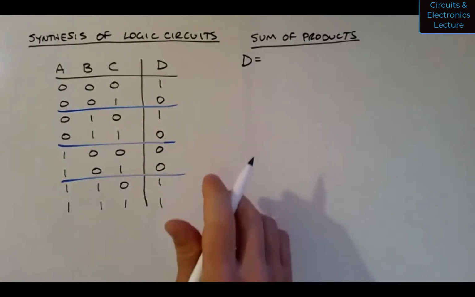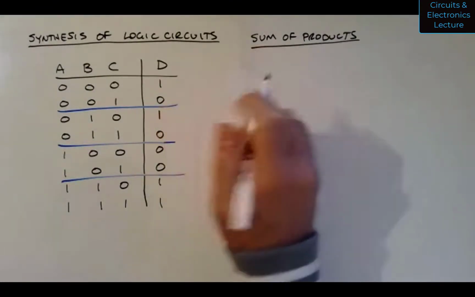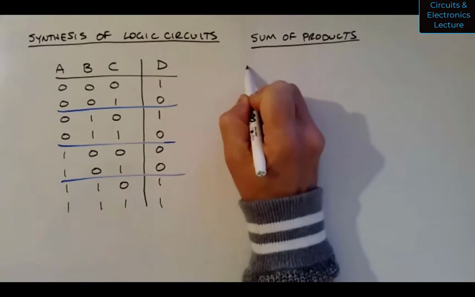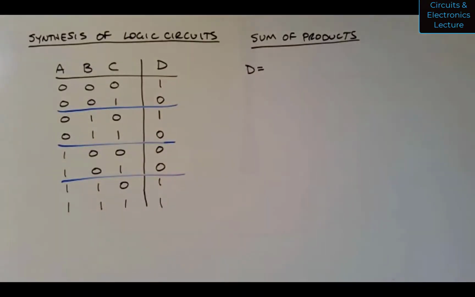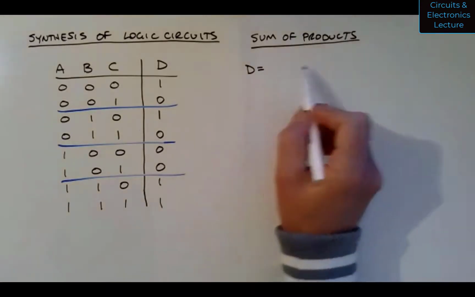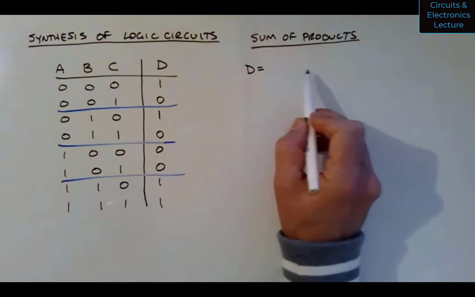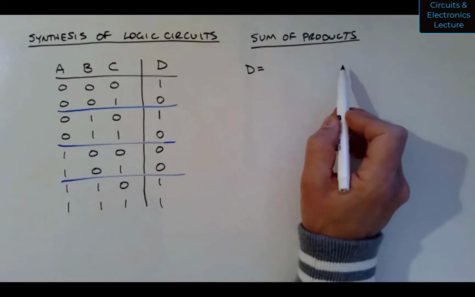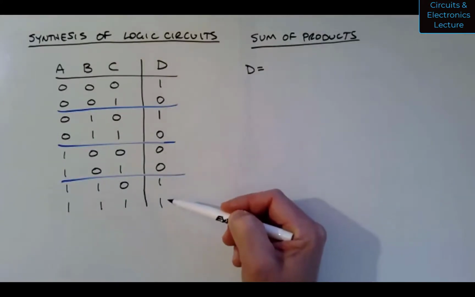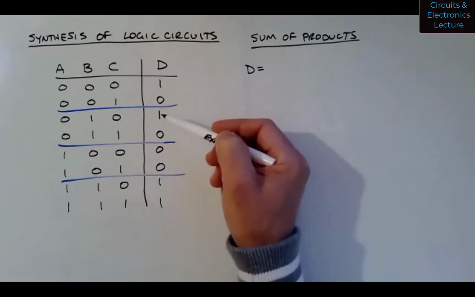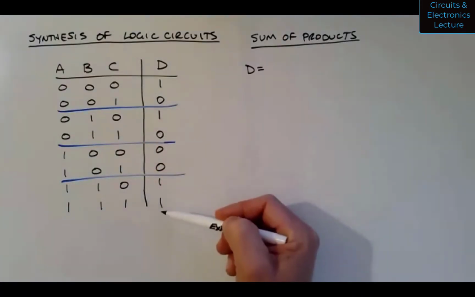Actually, let me erase that for a second. Put it down here. I'm going to write something on top, but D equals something. And these terms on the right-hand side of this equal sign are going to be terms that force the output to be 1. So I'm going to concentrate on the rows for which the output is 1.